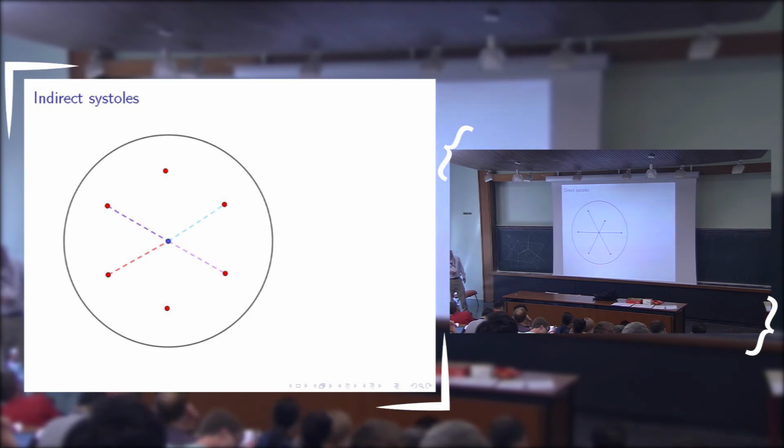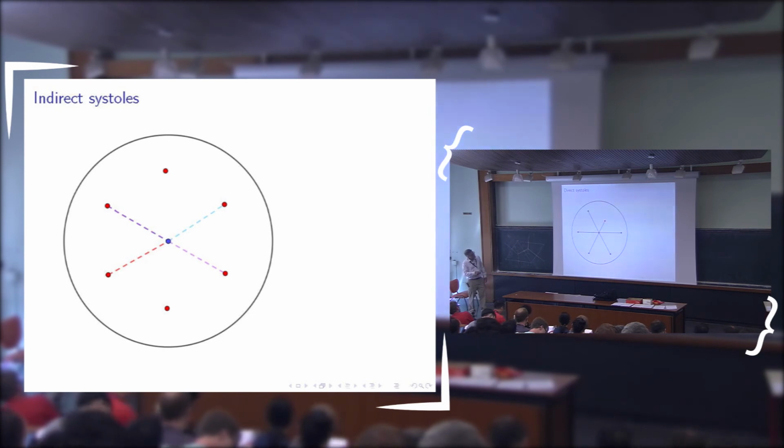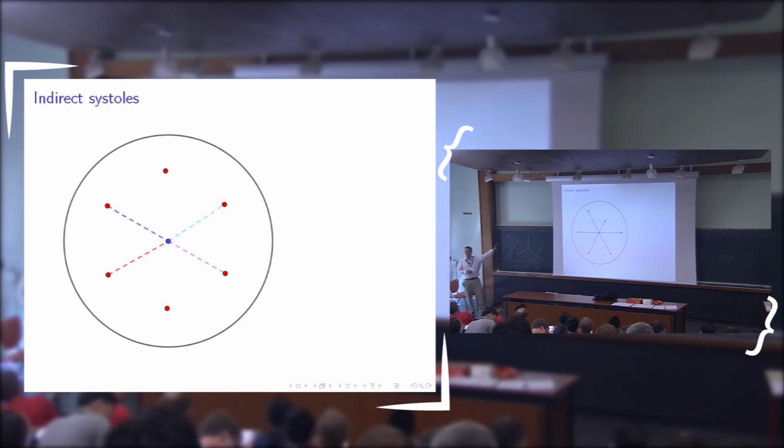Here's the case. These should be indirect systoles. This is the case where I have one, so here's one indirect systole. It would go in and out, and in and out, in and out, in and out, in and out. That's a 5. That's the case where I have 5 indirect systoles. Okay.